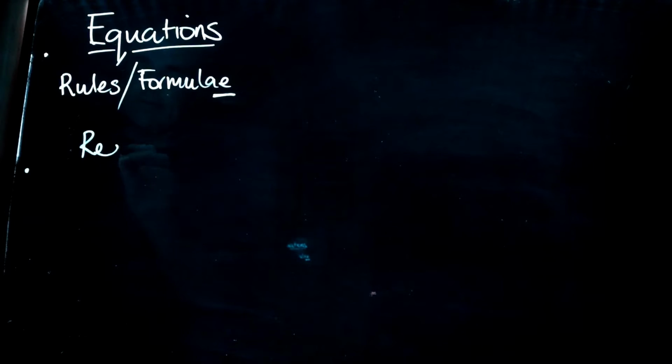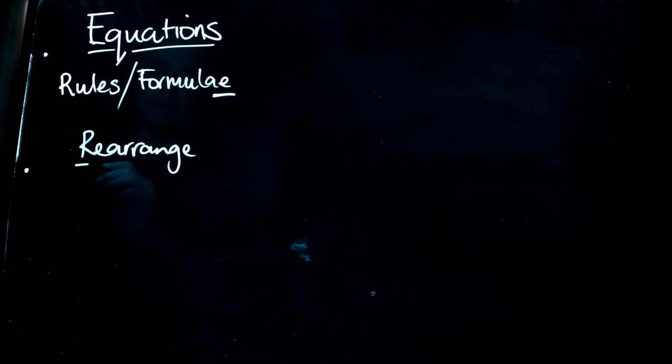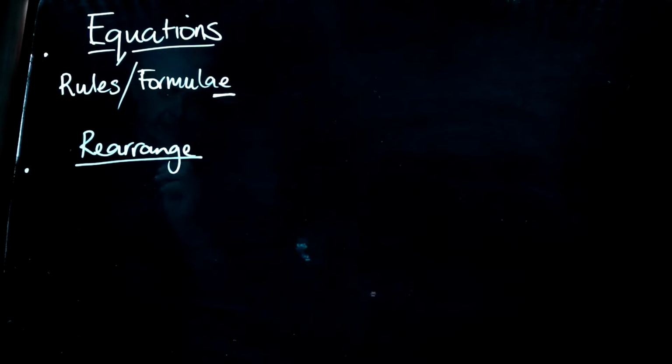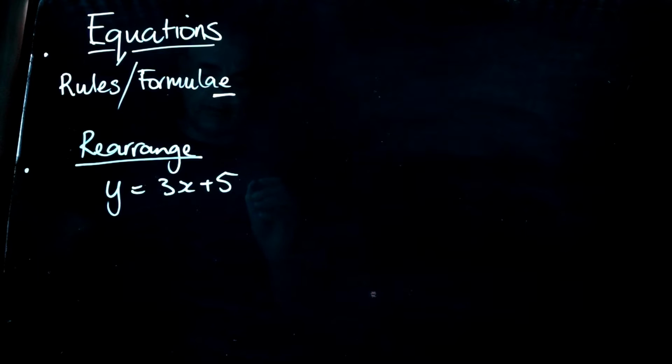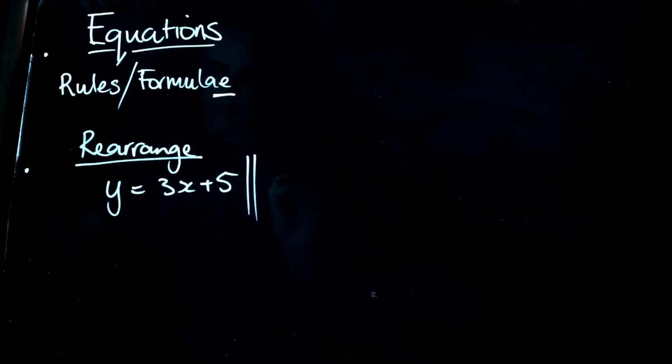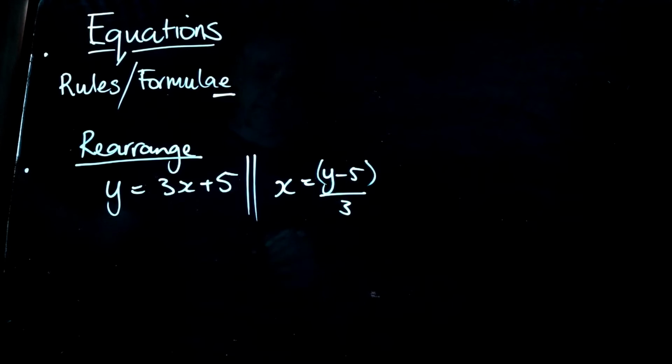Now, we're talking about rearranging formulas. We had this equation, y equals 3x plus 5, and we rearranged it to be x equals (y minus 5) over 3, and I think I put brackets around that.